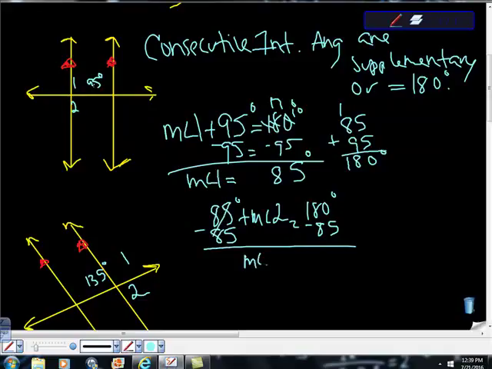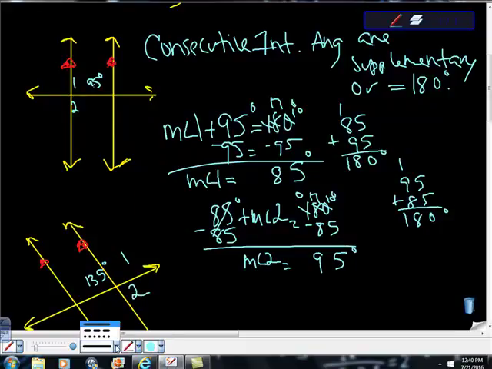You get the measure of angle 2 is equal to, cancel that, make that 0, make this 17, make this 10. 10 minus 5 is 5, 17 minus 8 is 9. So 95. Again, we can check and make sure that 95 plus 85 equals 180 degrees. 5 plus 5 is 10, carry your 1. 1 plus 9 is 10. 10 plus 8 is 18, 180 degrees.